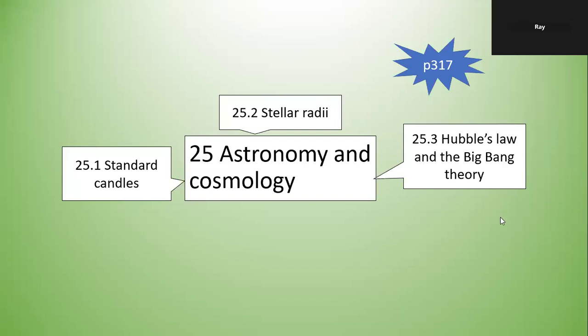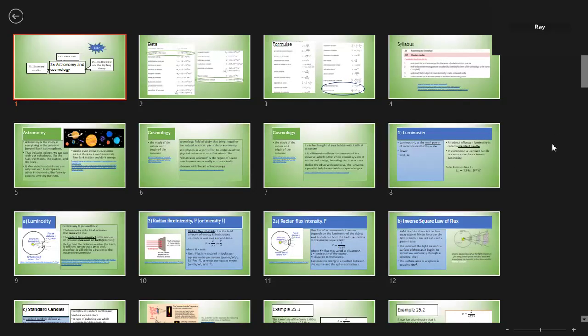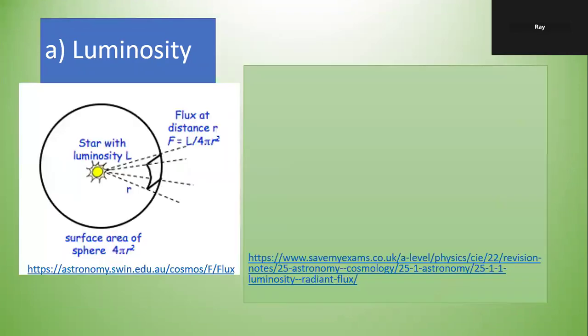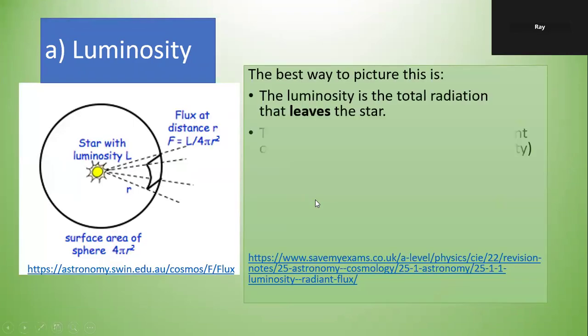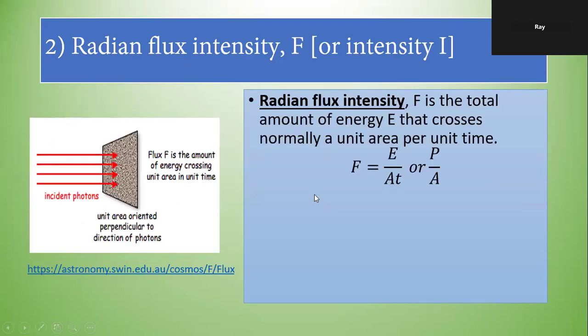Okay, 317. We are now on the first part, 25.1 standard candle. We have defined luminosity. Then we have defined radiant flux intensity.